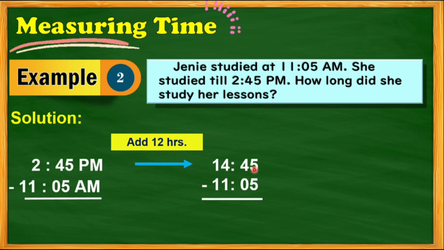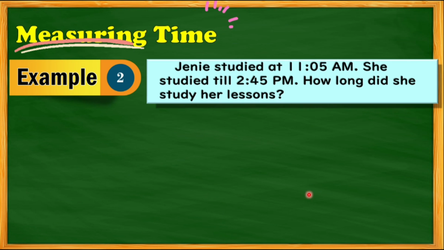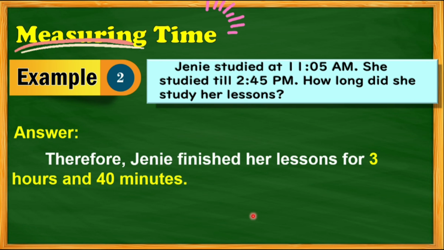Then subtract 5 minus 5, 0. 4 minus 0, the answer is 4. Write the colon. 4 minus 1 is 3. Then 1 minus 1 is 0. So this would be the elapsed time of Jenny studying her lesson. So therefore, Jenny studied her lesson for 3 hours and 45 minutes. So this would be the elapsed time.